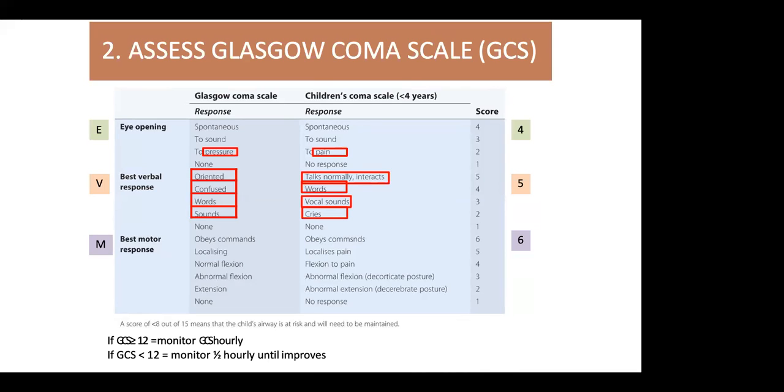But if the GCS is less than 8, we need to consider for intubation. And if the GCS is more than 12, we just monitor the GCS hourly. If the GCS is less than 12, we monitor it half hourly until improved. This is based on this protocol. Next.